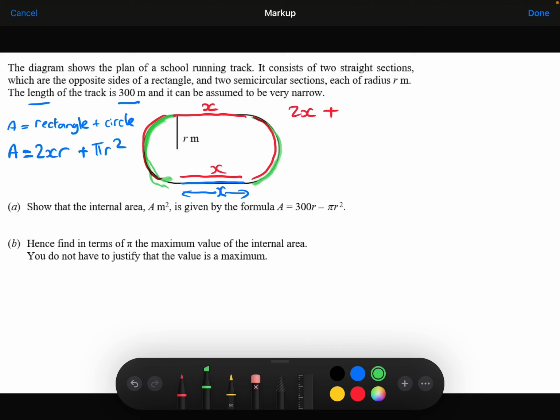This is a semicircle, so those two things together will just be the circumference of a circle, which we know is 2 times pi times the radius. So this is my expression for the length around the outside of the track, which I'm told is equal to 300.